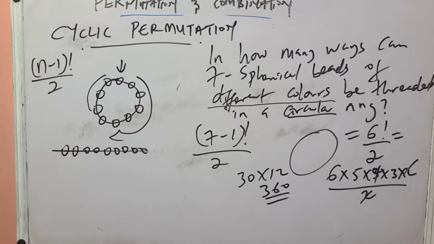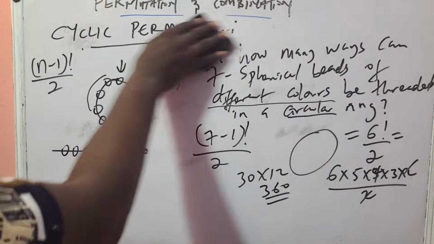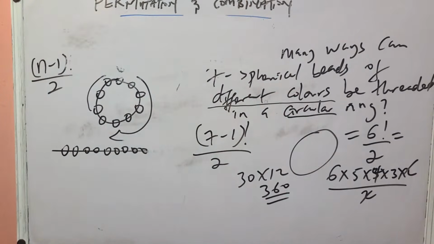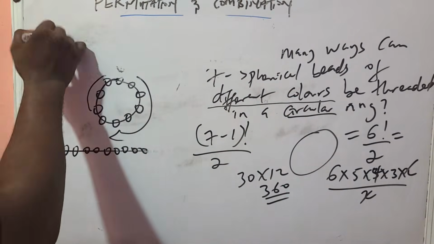It's the most examinable part of permutation. You would have to be very sound at cyclic permutation, at indistinguishable objects, and at the general concept of permutation. What is this aspect? It is permutation with conditions.